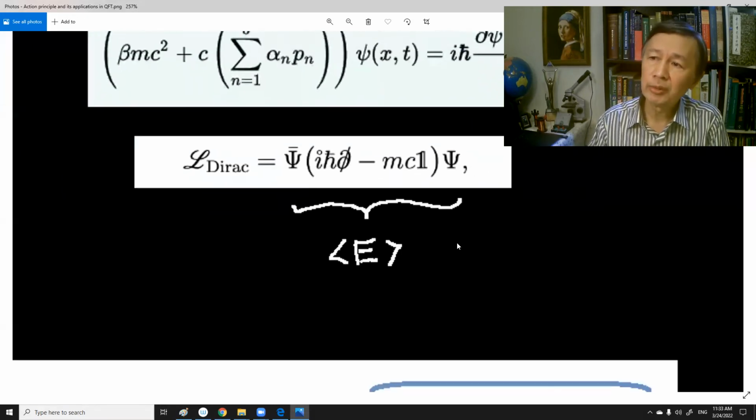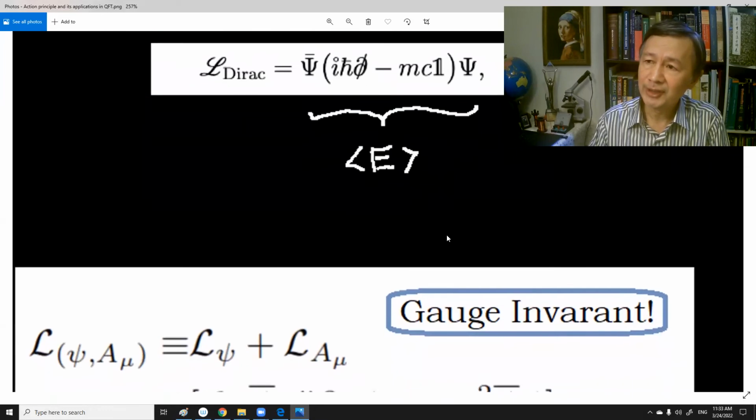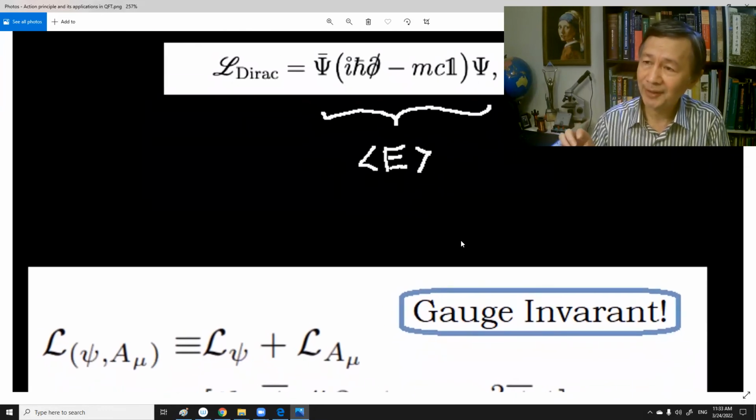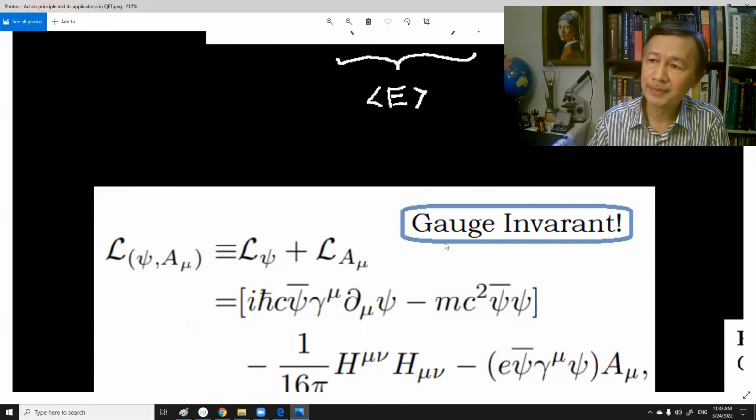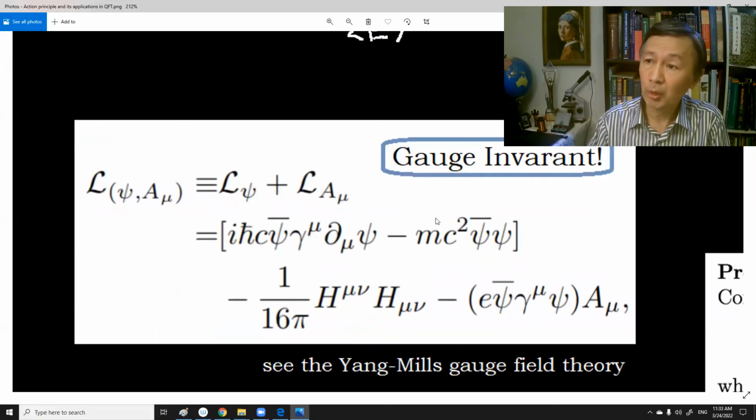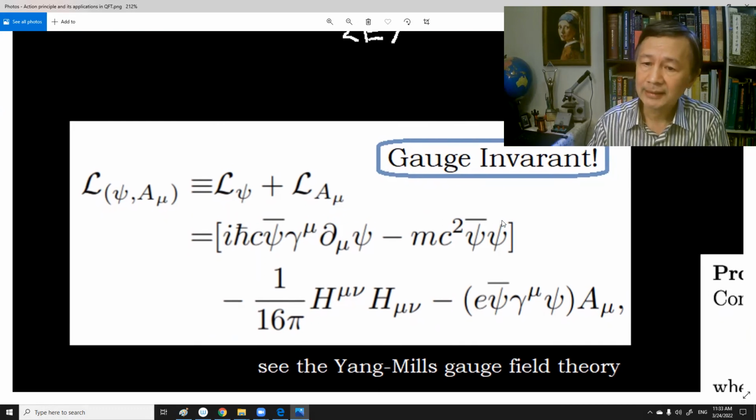However, a more general form can be found if we use the idea of gauge invariance proposed in Yang-Mills theory. Then we can make this Lagrangian for the Dirac equation more general.